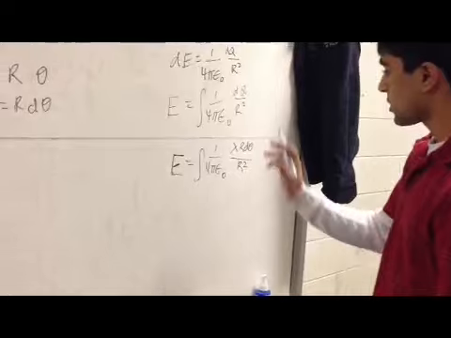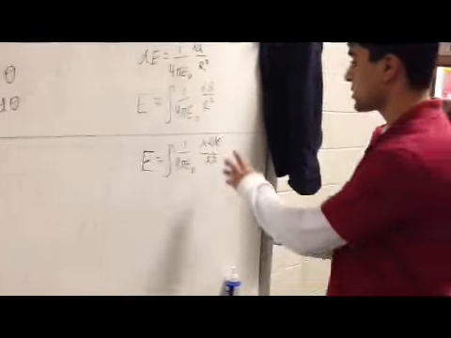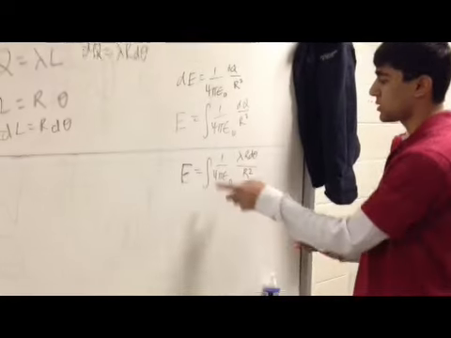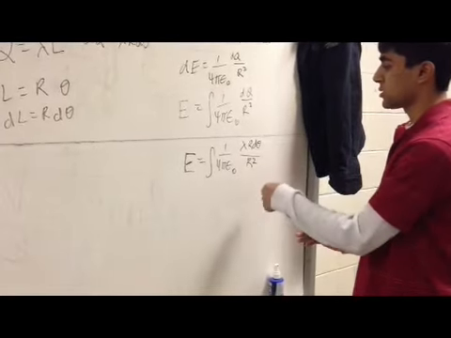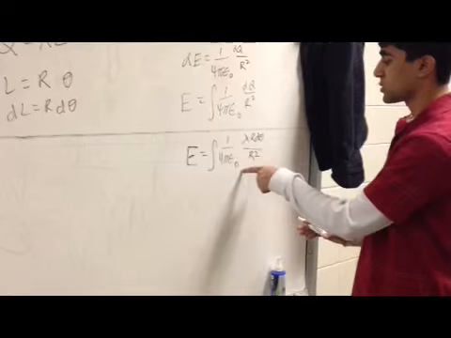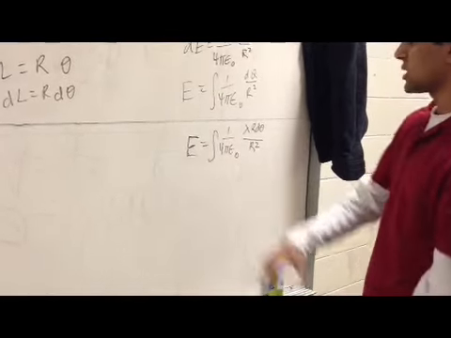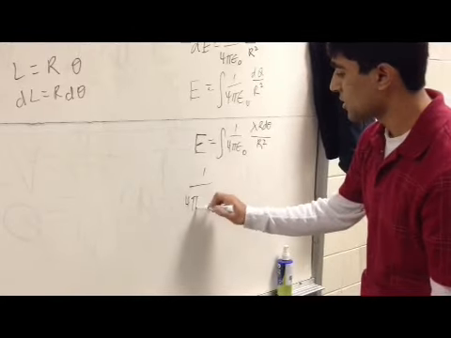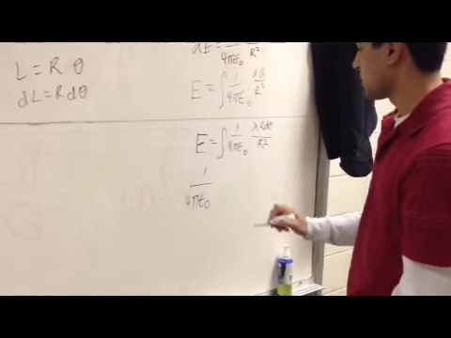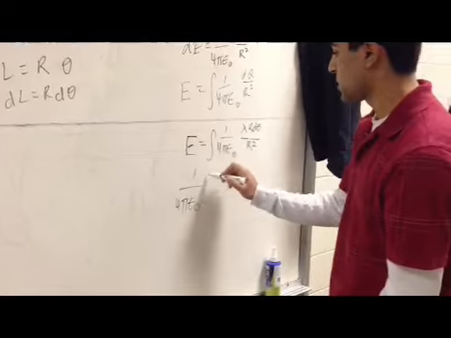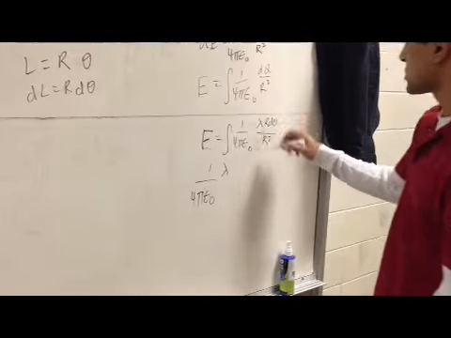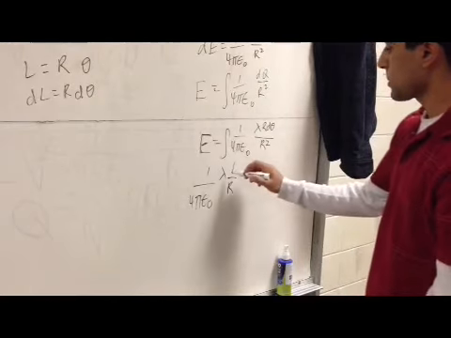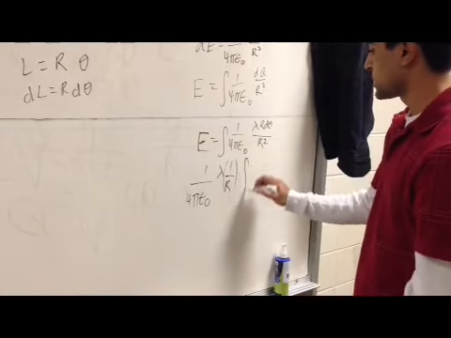Okay, I'll take out all the constants now, because with d theta, we take the integral with respect to theta, but nothing here is with respect to theta, so we can take the whole thing out. So it's 1 over 4 pi epsilon naught lambda, and we can simplify this 1 over r times the integral of d theta.